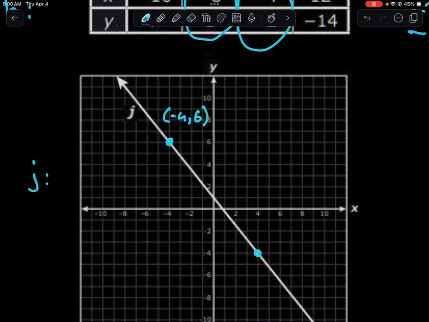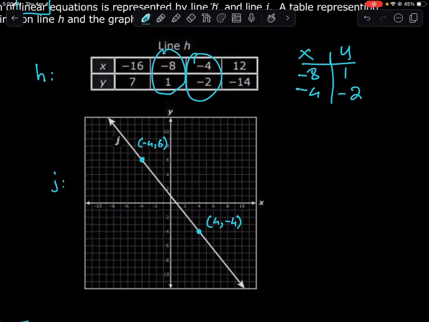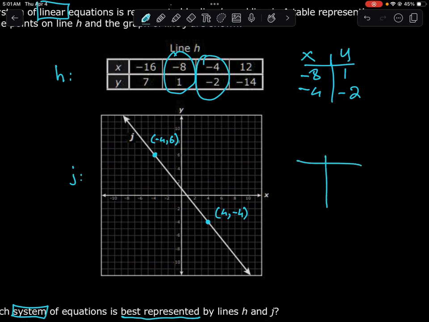So it's negative 4, 6, and this point is the 4 for x coordinate, and negative 4 for y coordinate, and that's all I need. Two points. Let's put here. The first one is -4 goes with 6, and the other one 4 goes with -4. Okay, so I have this one going with, put a note here, -4 6 4 -4.